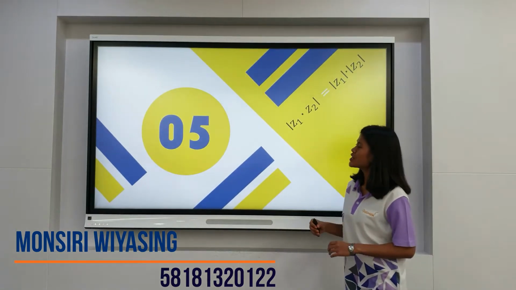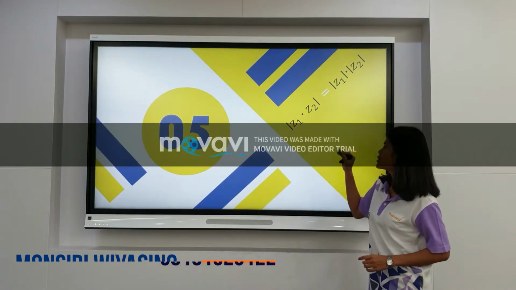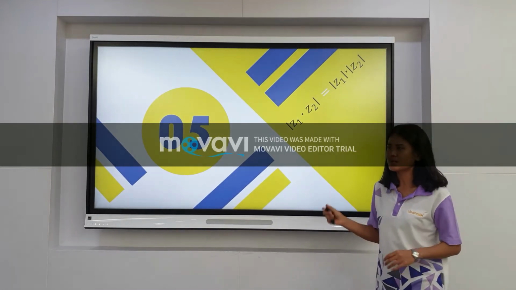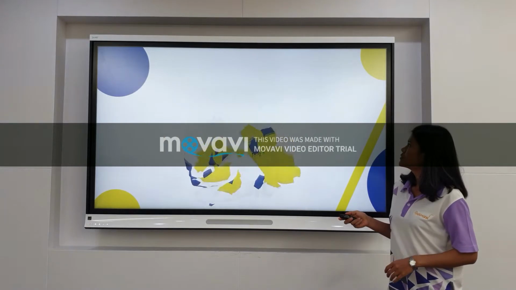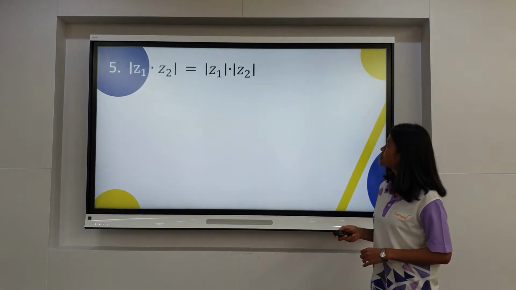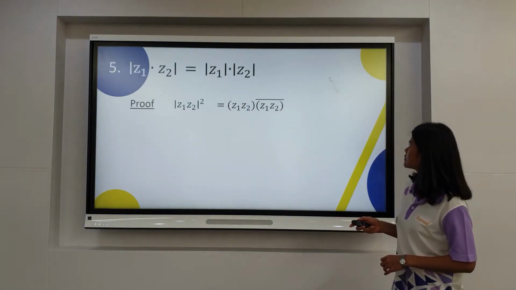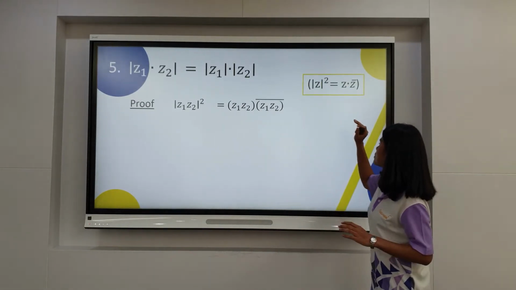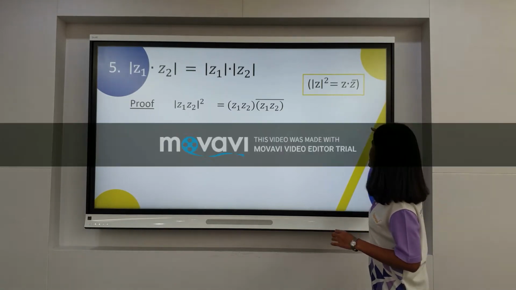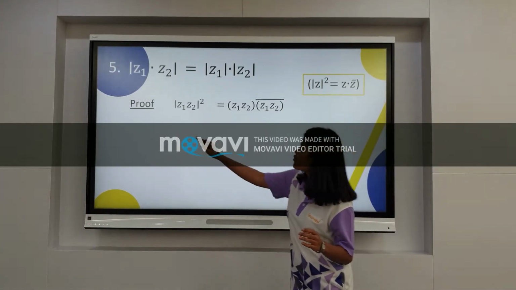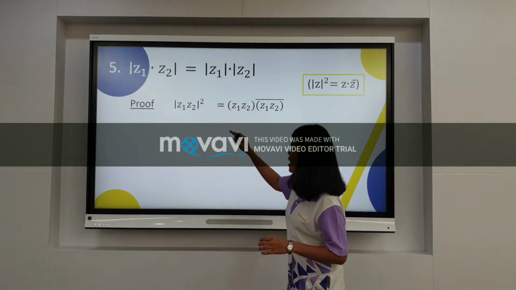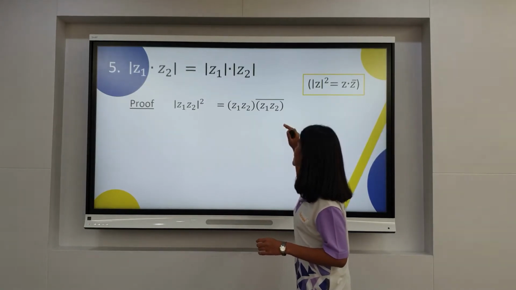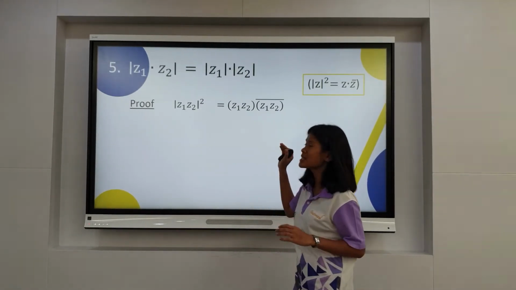For property 5, we will prove that absolute z1 times z2 equals absolute z1 times absolute z2. From the definition, we already know absolute z squared equals z times conjugate z. So absolute z1 times z2 squared equals z1 times z2 times the conjugate of z1 times z2.